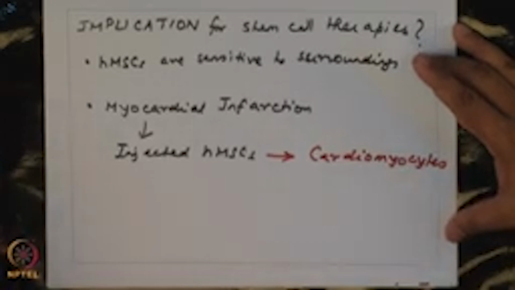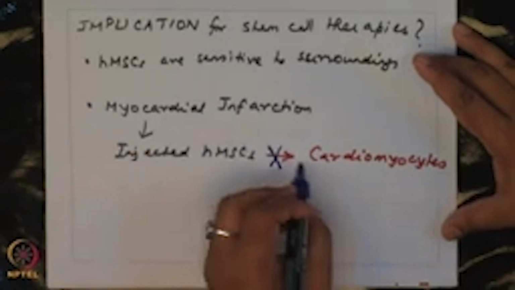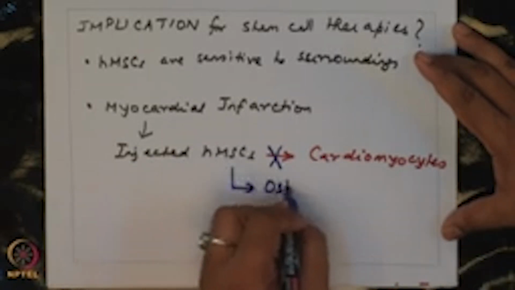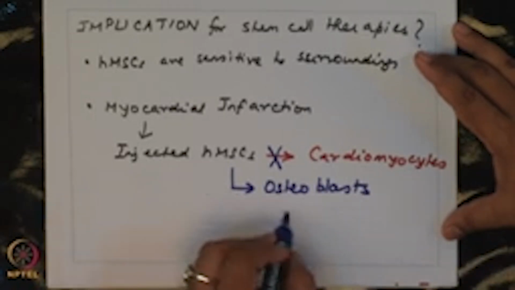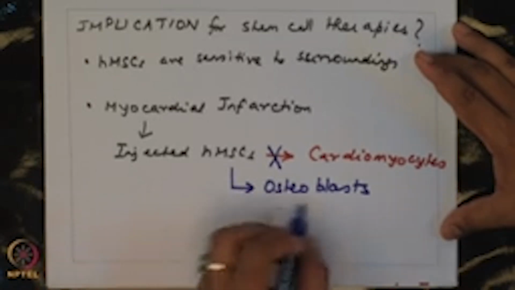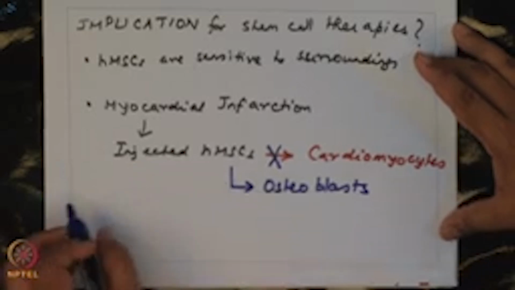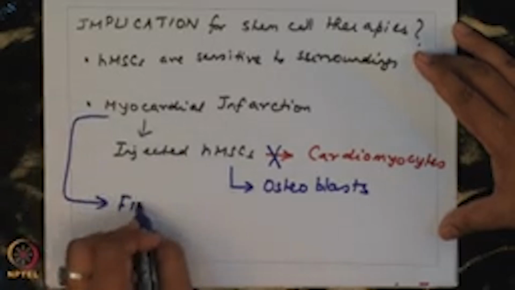However, to their surprise, the authors observed that the HMSCs were not differentiating into cardiomyocytes but into osteoblasts. This would be completely dangerous. The reason was that whenever you have myocardial infarction, you have fibrosis.